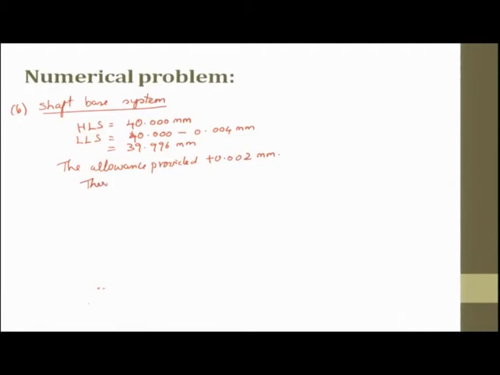Therefore, the LLH is equal to HLS plus allowance, which is nothing but 40.000 plus 0.002 millimeter. So, this is 40.002 millimeter.